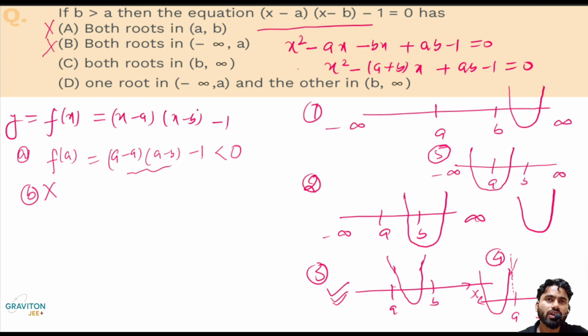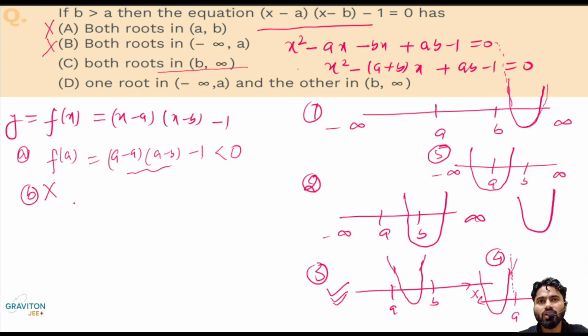Now look at the third question, both roots in b to infinity. So if both roots are in b to infinity, you have to check this type of condition. Okay, in this type of condition, what should be the value at b? The value at b should be positive.